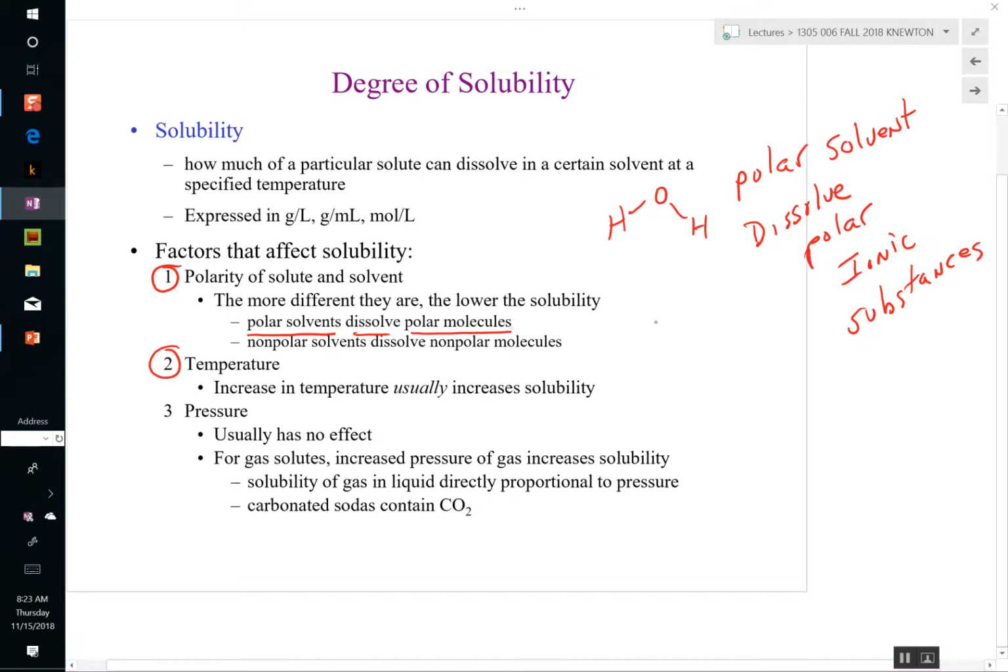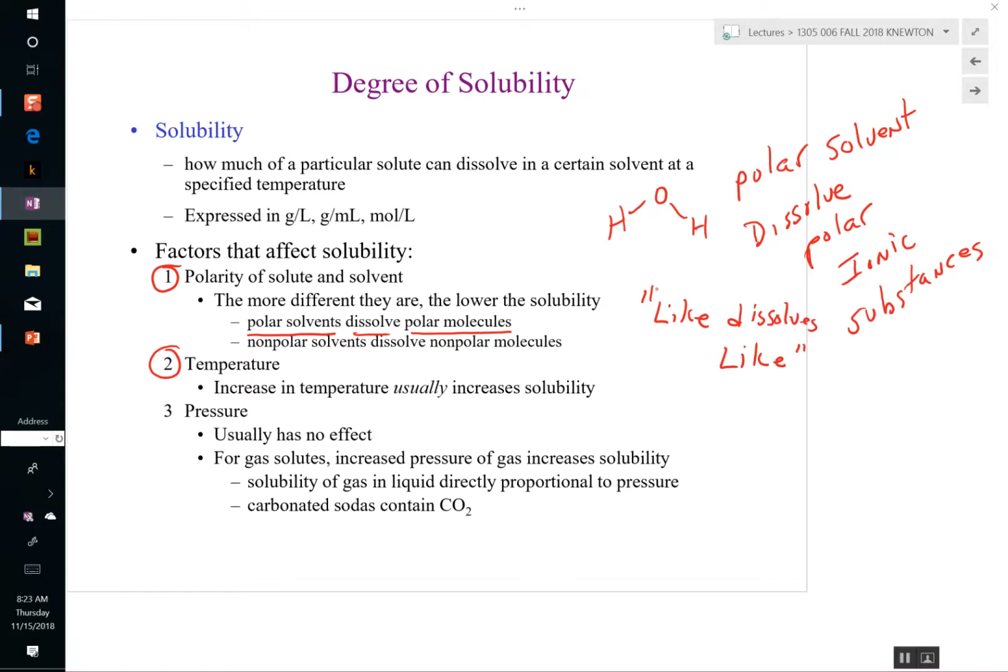The rule of thumb here is just keep this in mind: like dissolves like. If it is a polar solvent, it will dissolve polar substances. If it is a non-polar solvent, like gasoline, gasoline will dissolve oil.